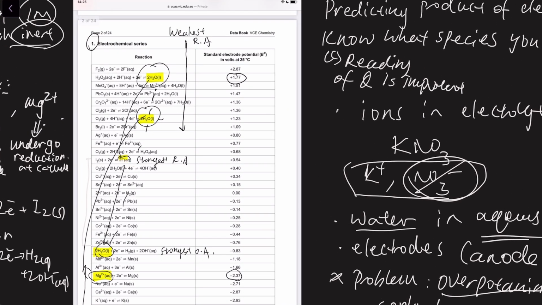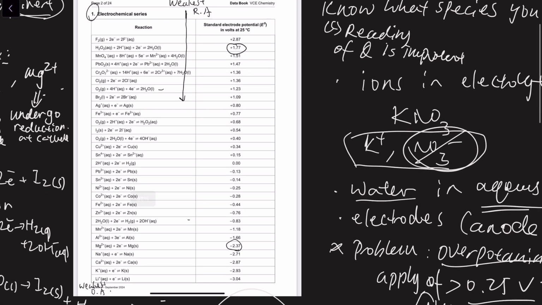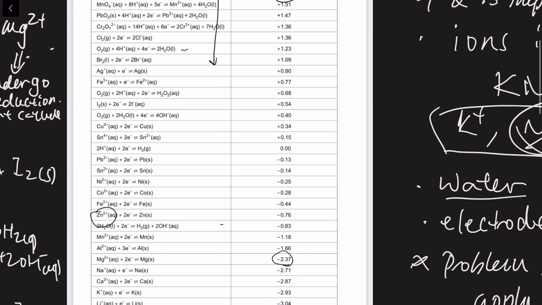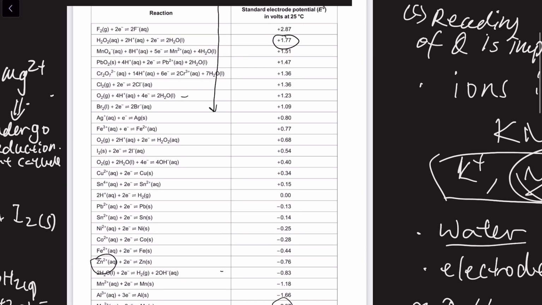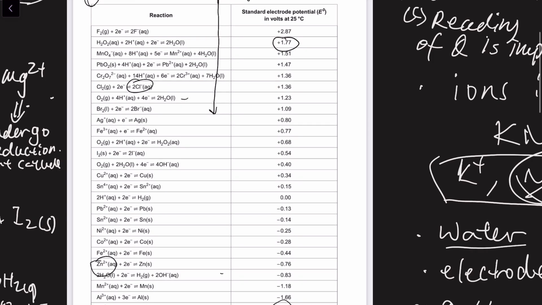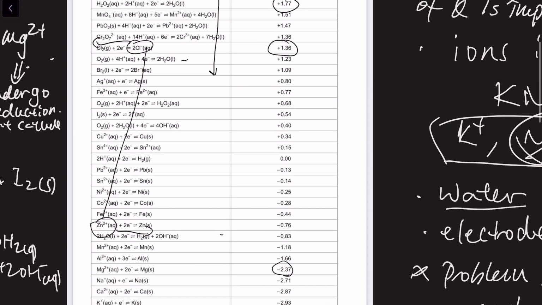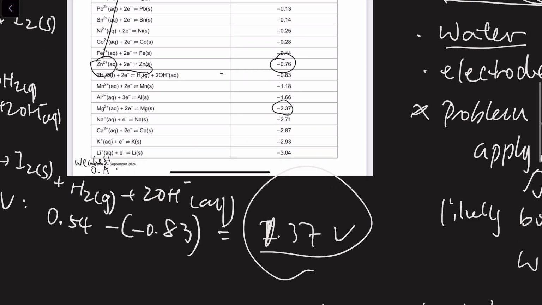So let's have a look. The zinc ion is here. The chloride ion is here. So the chloride ion is oxidized, the zinc ion is reduced. 1.36 volt, negative 0.76 volt. So we have all the information we need.